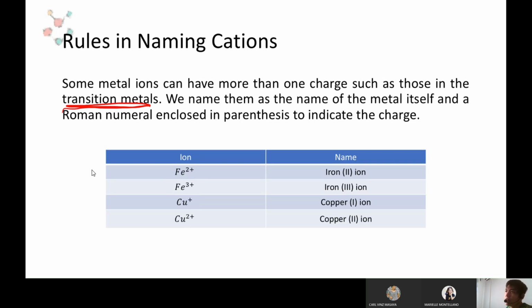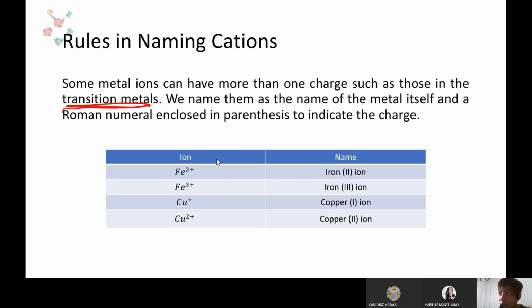If we just name these as iron, we won't be able to distinguish their difference, because different ions have different chemical properties. So, we need to distinguish which one is iron 2 and which one is iron 3. We can do that by using parentheses with a Roman numeral indicating the charge.